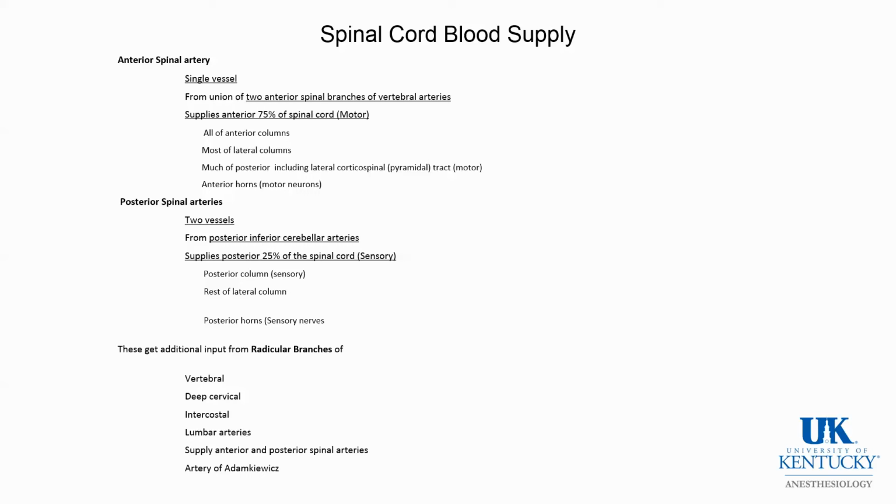These arteries get additional input from the radicular branches, which are located progressively down the spine.